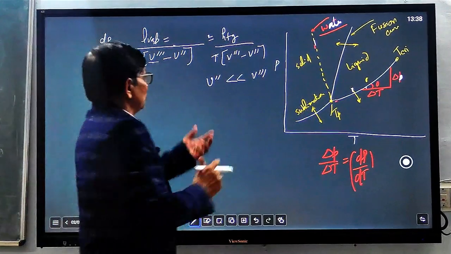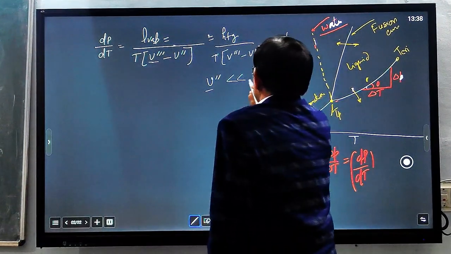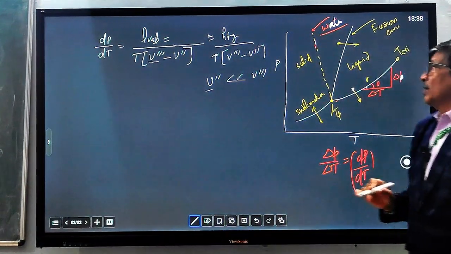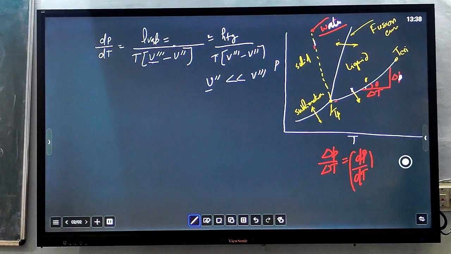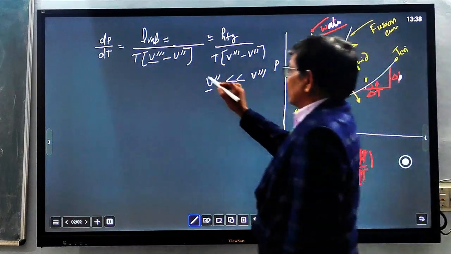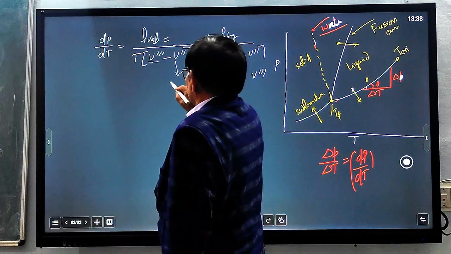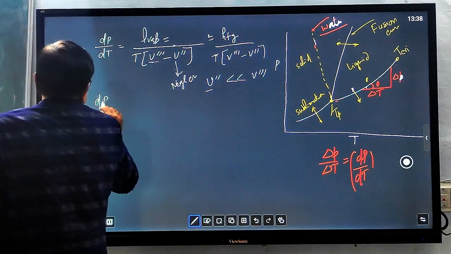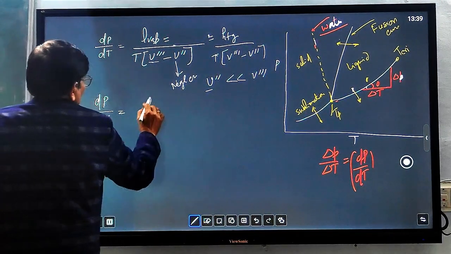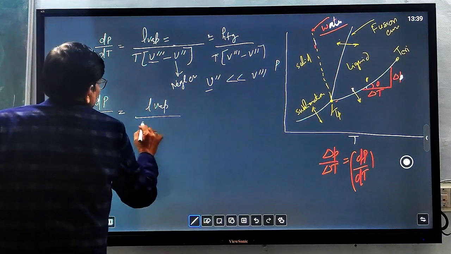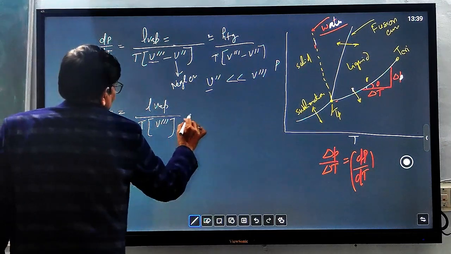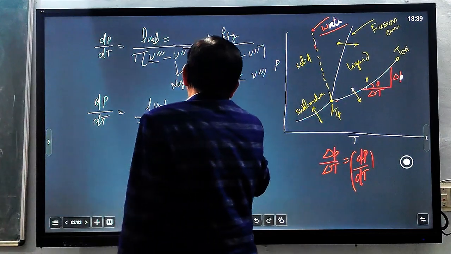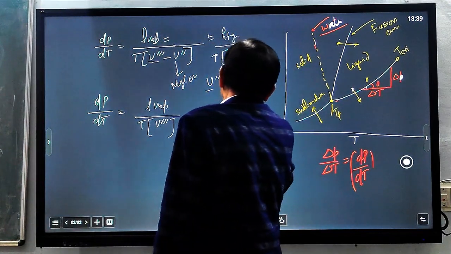So this is a huge volume. V second is very insignificant compared to the volume of the vapor that is formed. We can neglect it. The equation will reduce to dp over dt equal to L vaporization upon T into V third. And we know that PV equal to RT.